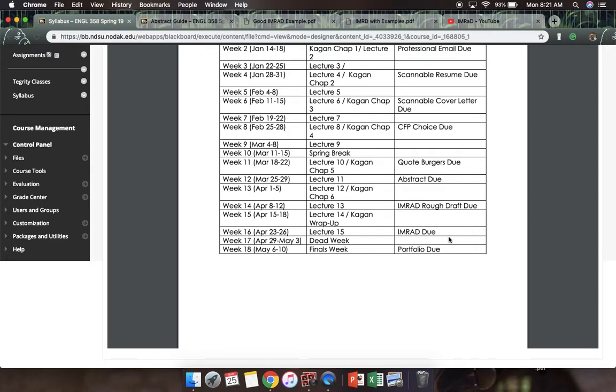If you see, it's our last major assignment. The portfolio is really a collection of your assignments. So I don't expect that that's going to take a whole lot of extra time. The IMRAD is really the last great big assignment.